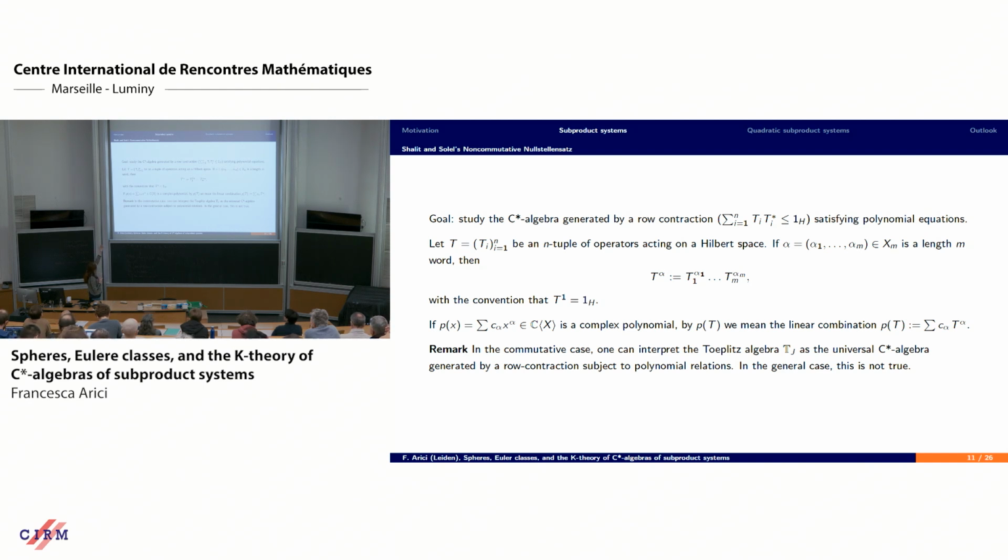So the reason why Charlotte and Soler were interested in this is that they wanted to understand the C-star algebra or the W-star algebra generated by a row contraction subject to polynomial conditions.